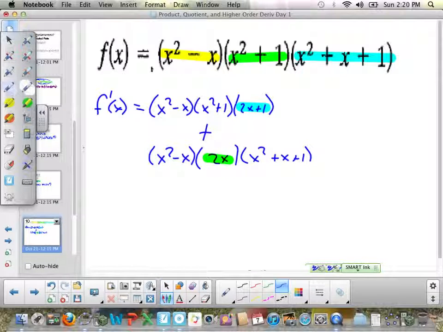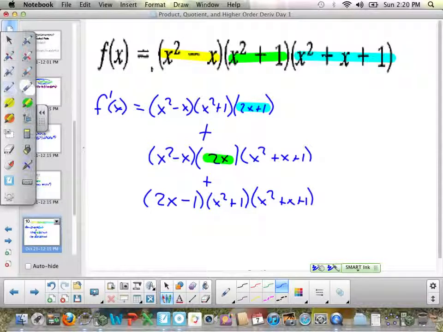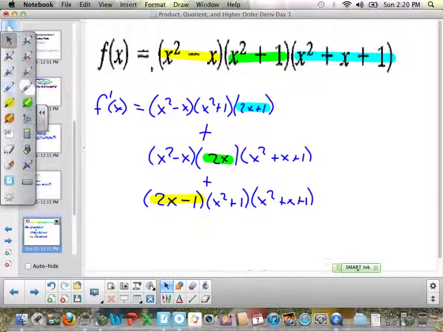And on my last step, I'm going to keep the last two and take the derivative of the first. So if there's 3 steps to the product rule, you need to keep 2 of the functions on each one, and take the derivative of the other one on each step.